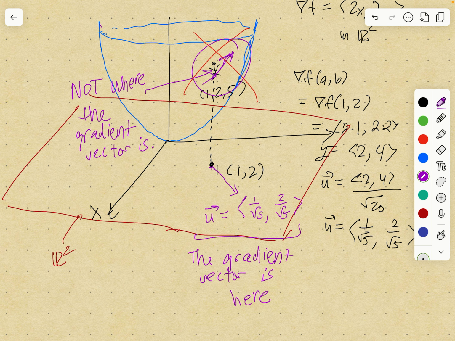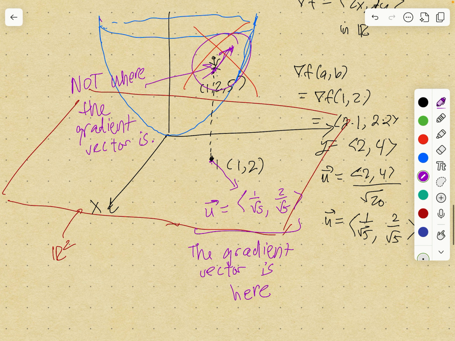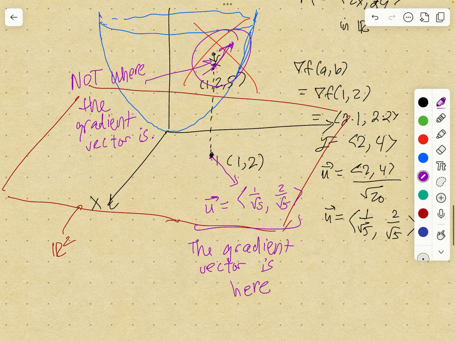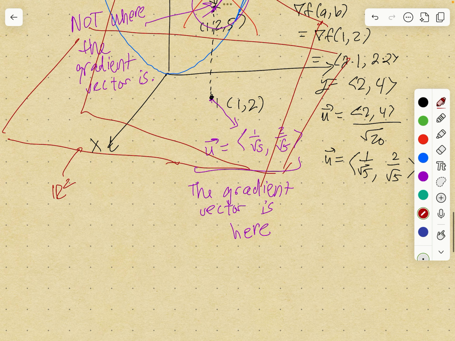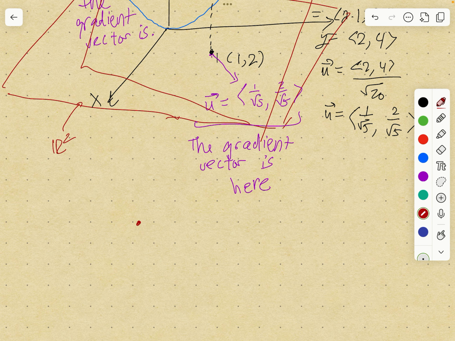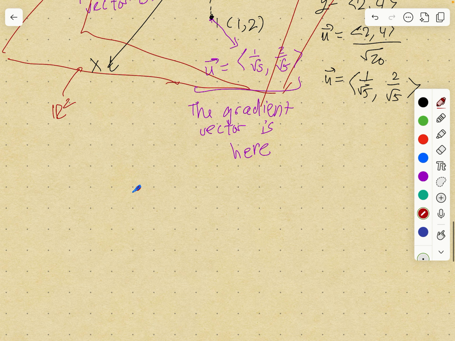So where would you go? You take this vector u, and then you look at the cross section with this vector. Here's the point, and I'm just going to draw a different perspective of this.